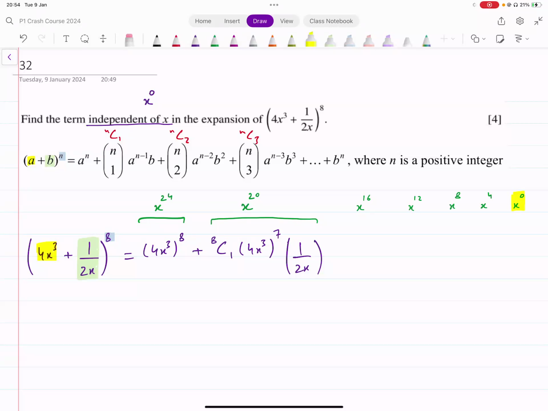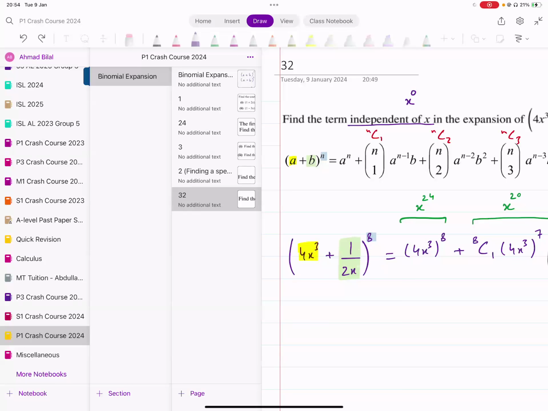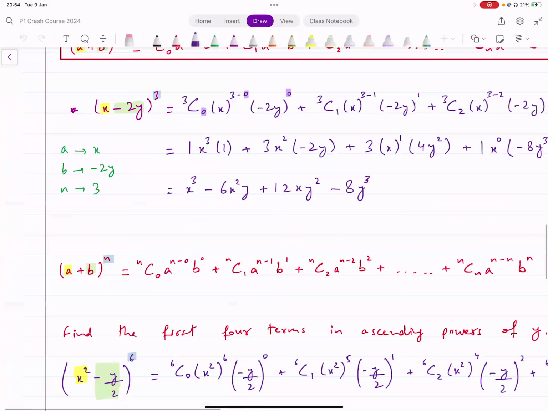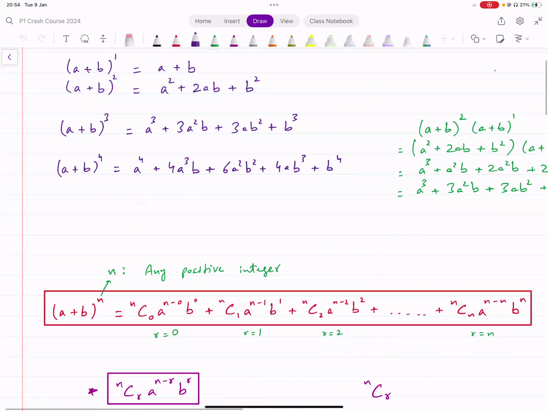Okay. Now, how do we find that term? One possibility is that you just keep writing this and get to that term, or you can make this quicker. How do you make this quicker? Remember when we started binomial expansion, I showed you a pattern that you have here.